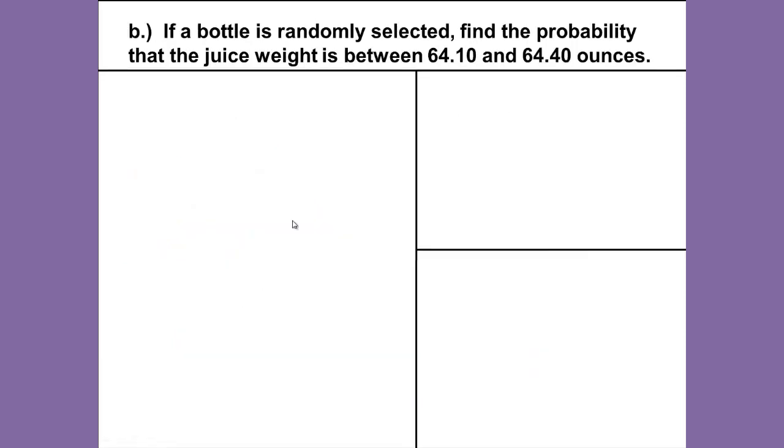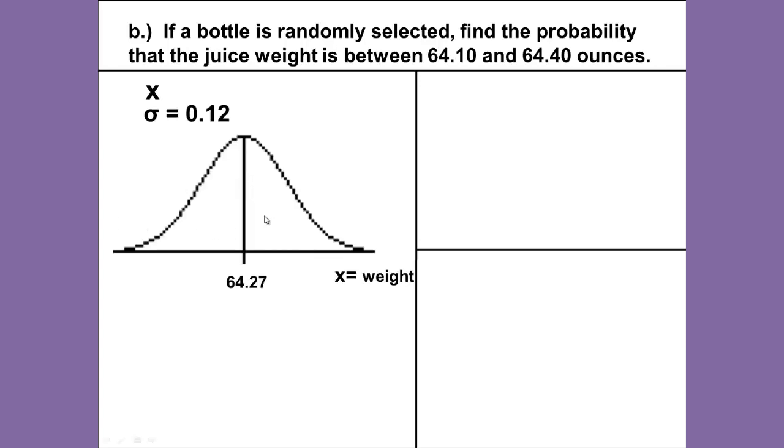In Part B, we have, if a bottle is randomly selected, find the probability that the juice weight is between 64.10 and 64.40 ounces. Again, our setup starts out the same. Our bell-shaped, normally distributed data with 64.27 as our center and our standard deviation of 0.12.